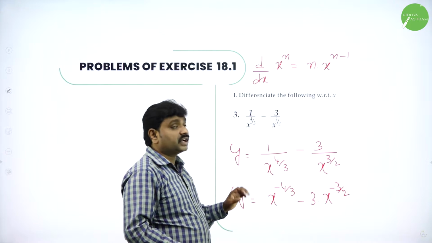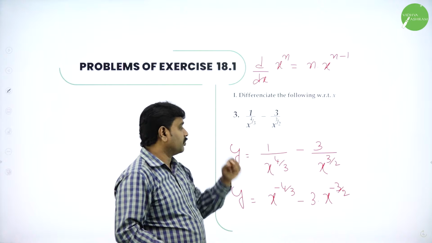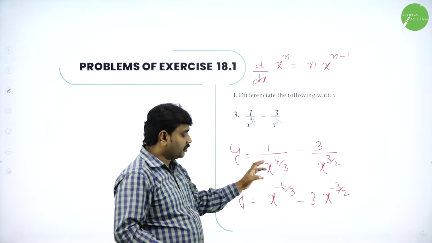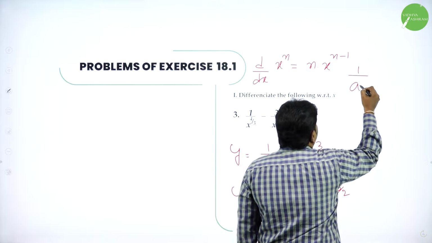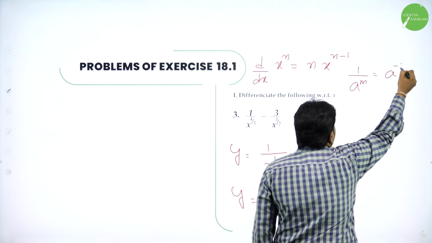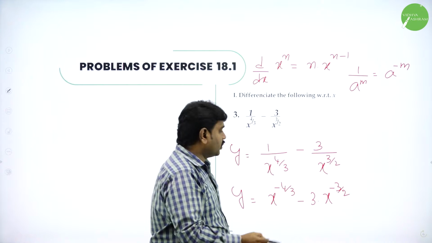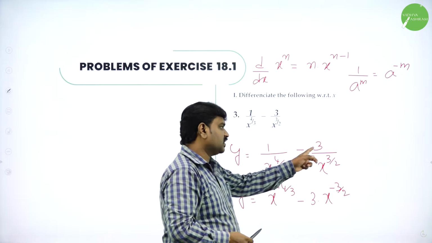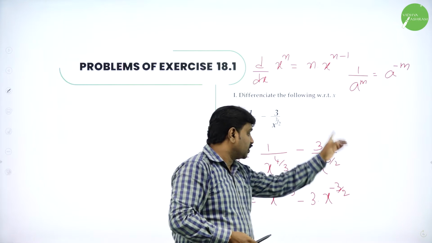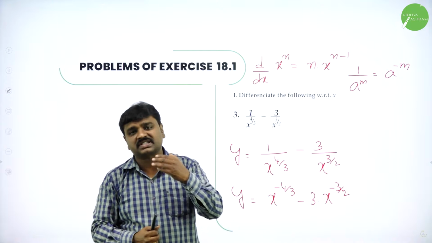First we wrote in standard form. What is standard form? X power n form. So it was in the form of 1 by a power m. Take it up, it will become, all of you know, if you have 1 by a power m in mathematics, if you take it up, it will become a power minus m. Law of indices. So now x power 4 by 3, if you take it up, it will become x power minus 4 by 3. Similarly, 3 is in numerator. X power 3 by 2, you take it up, it will become x power minus 3 by 2.